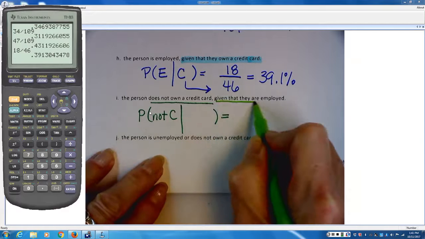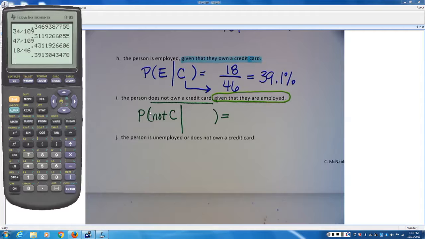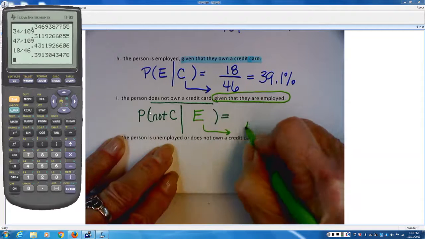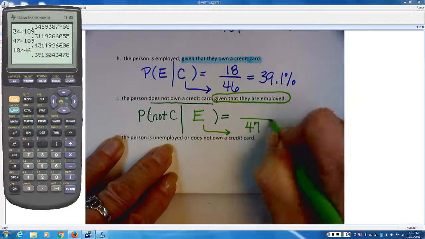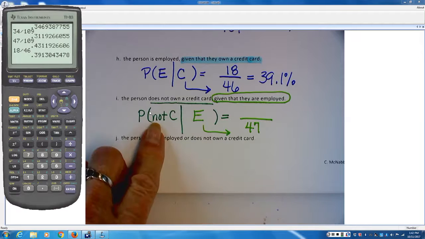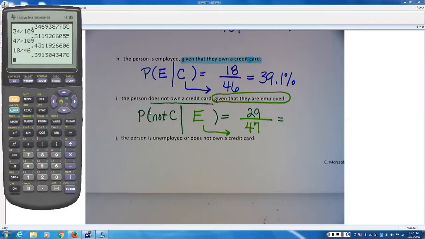Given that they are employed. How many people do we have that are employed? Okay. And how many of those 47 people don't have a credit card? 29. So that's 61.7%.